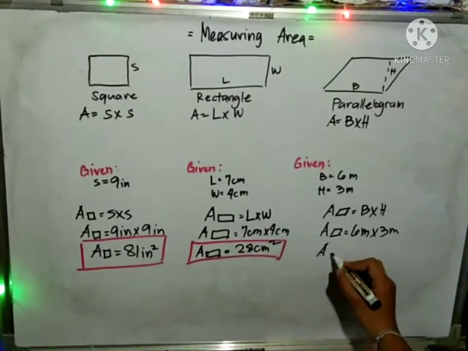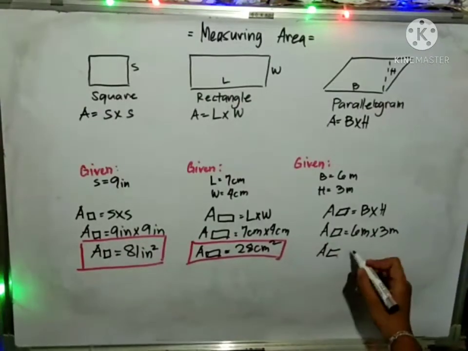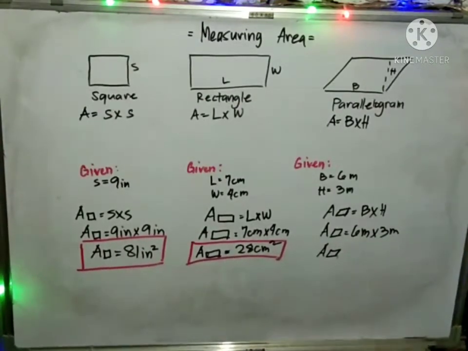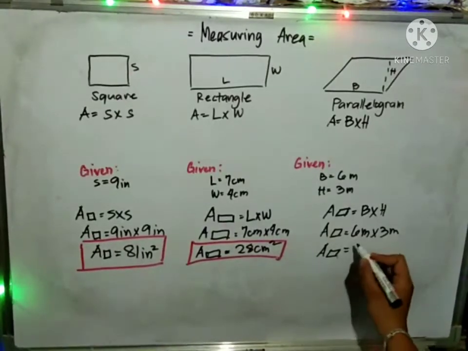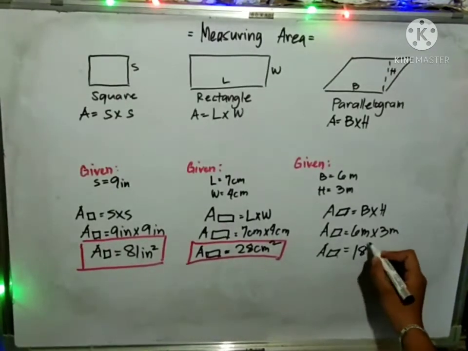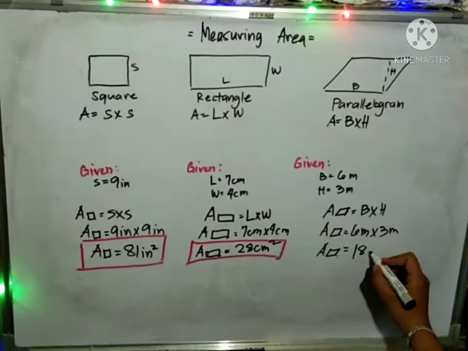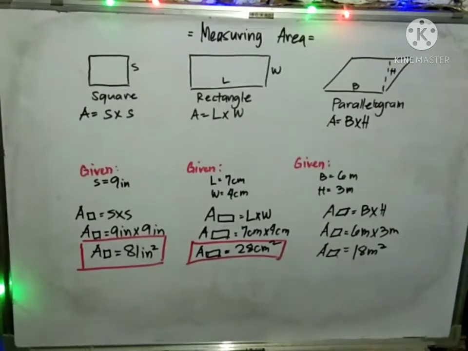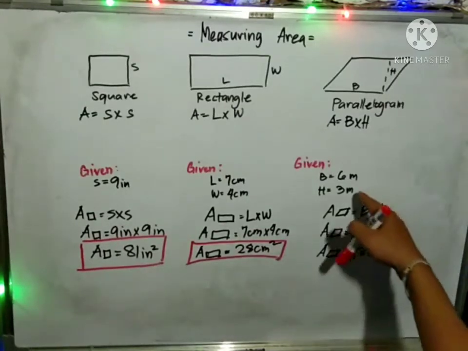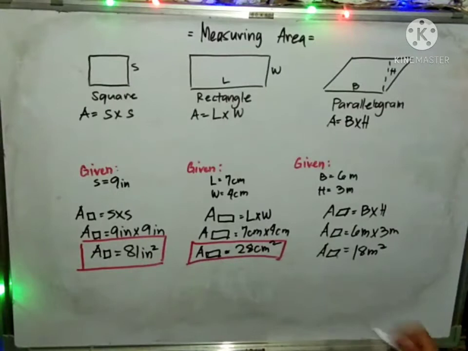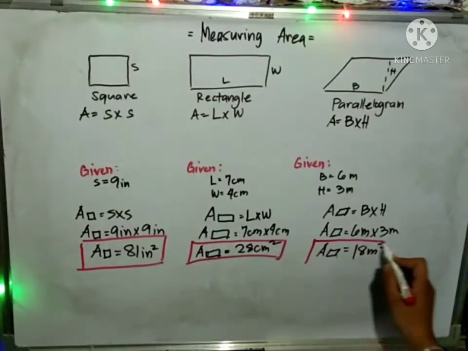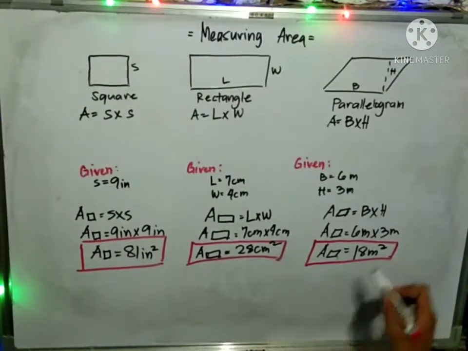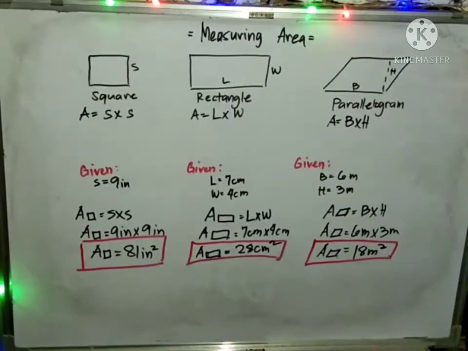Let us fix this so it does not look like a rectangle. Area of the parallelogram is equal to 6 times 3, which is 18, and meters times meters is square meters. So, given that the base of the parallelogram is 6 meters and the height is 3 meters, the area of the parallelogram is 18 square meters.